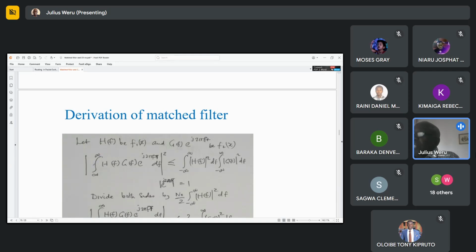So the integral of H(f) G(f) e to the j2 pi fT df, squared, is equal or less than the integral of the modulus of H(f) squared times the integral of the modulus of G(f) squared.